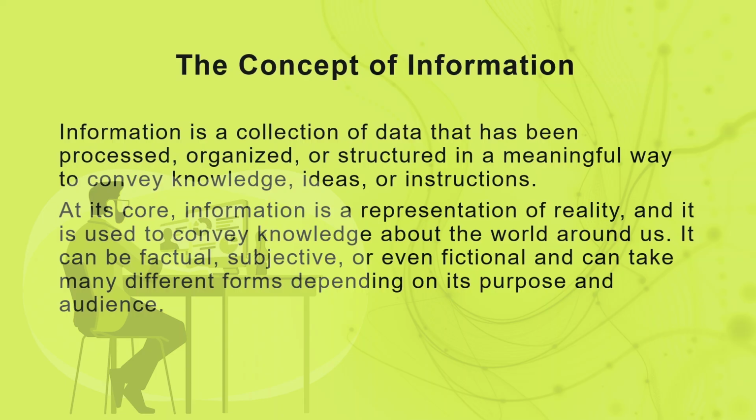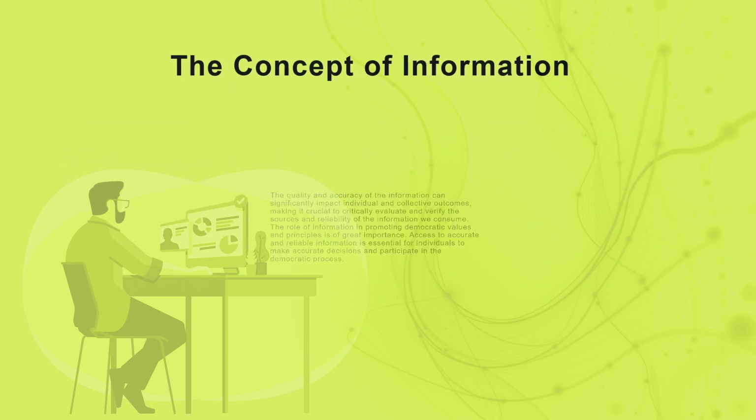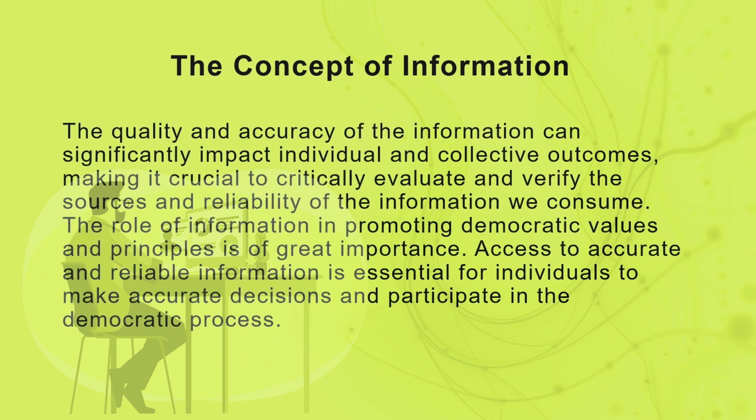It can be factual, subjective, or even fictional, and can take many different forms depending on its purpose and audience. The quality and accuracy of information can significantly impact individual and collective outcomes, making it crucial to critically evaluate and verify the sources and reliability of the information we consume.